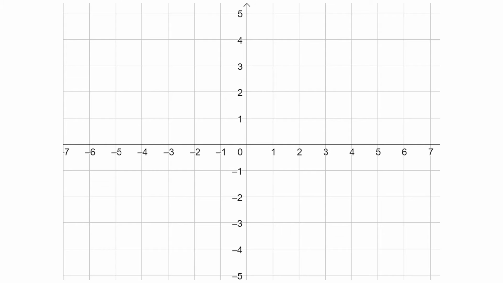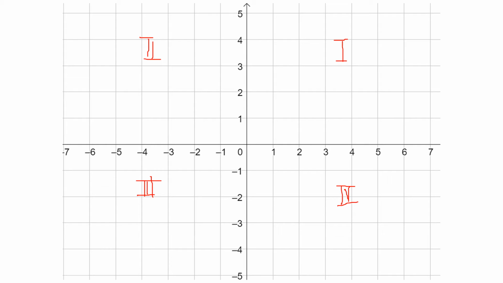Okay, so we have here an example of a Cartesian plane. Here is our quadrant 1, and then quadrant 2 since we go counterclockwise, and then quadrant 3, quadrant 4.